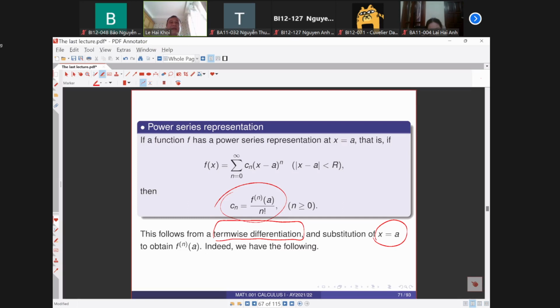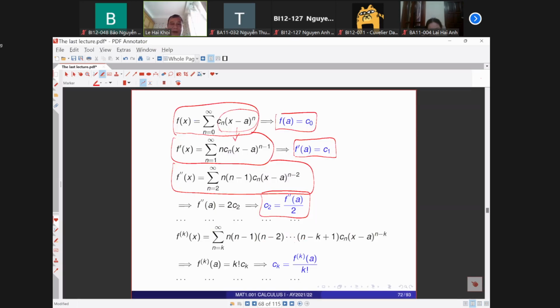Then you get the derivative. So remember the formula for the coefficient of power series related to the sum f(x).